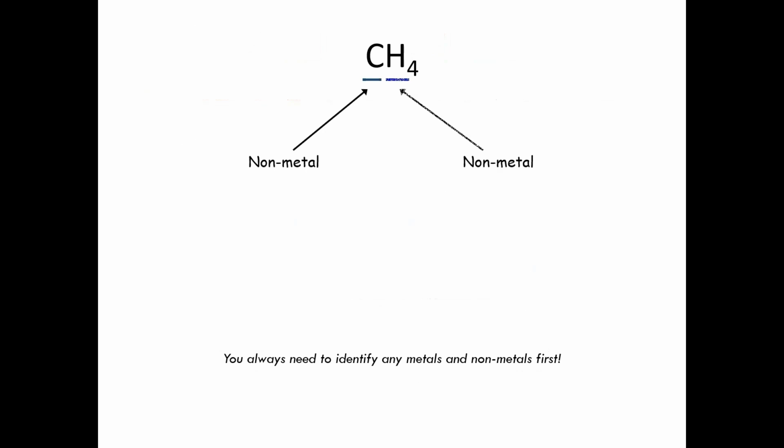For our last example, we have a compound composed of carbon and hydrogen. And so, as always, we need to first identify any metals and nonmetals. So we know that carbon is a nonmetal, which brings us to hydrogen. Hydrogen is officially classified as a nonmetal. However, there is quite a bit of debate surrounding its classification.